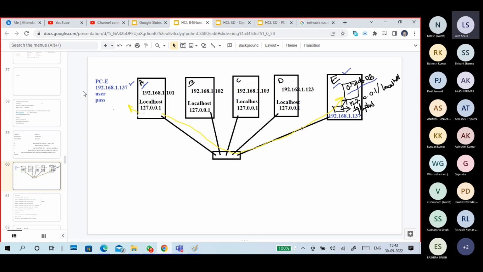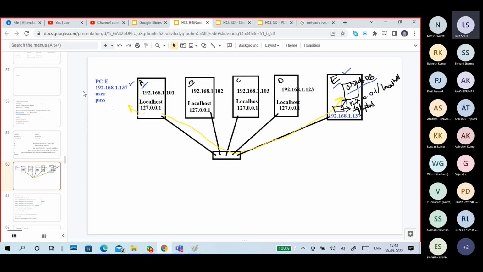But commonly, all PCs have a loopback or local host IP address for itself.